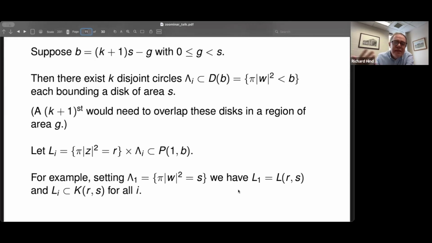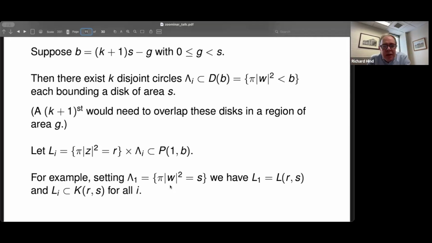Or you could say it's a Lagrangian packing of the polydisk. For example, if I just took the first circle to be the round circle of area S, then L1 here is just going to be our product torus, L_{R,S}.